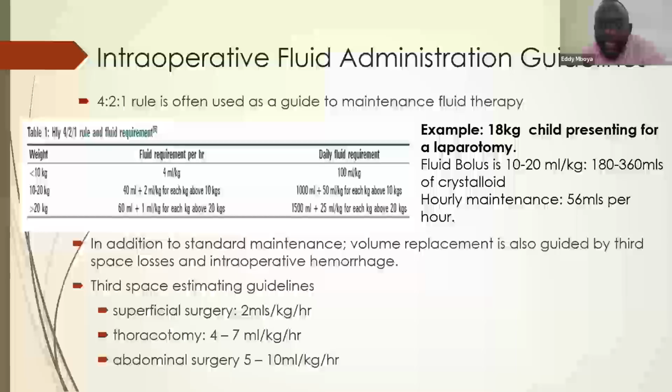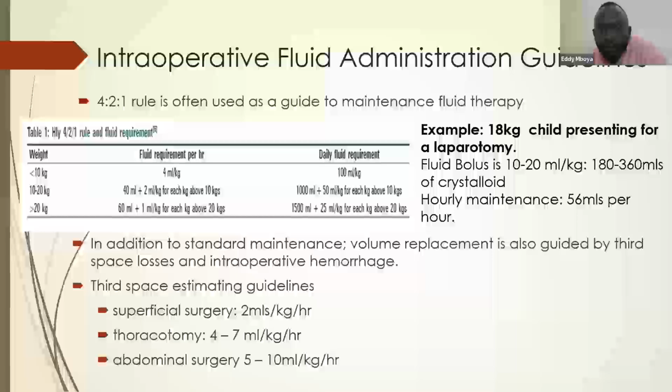Of note is that this guideline was developed for kids who are healthy, who are not really undergoing surgery. This was just a maintenance guideline for patients probably who are sick in the ward and not able to take enterally, but not for intraoperative fluid management. But still, it's a good guide for intraoperative fluid management.